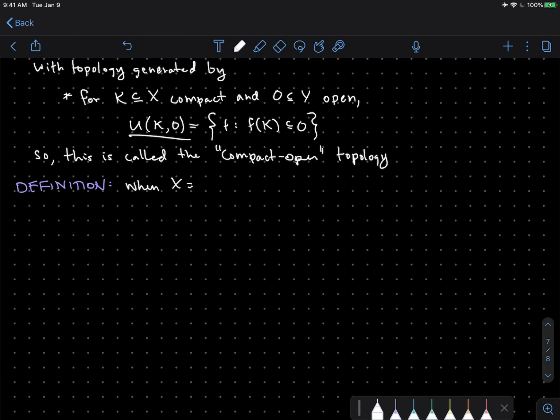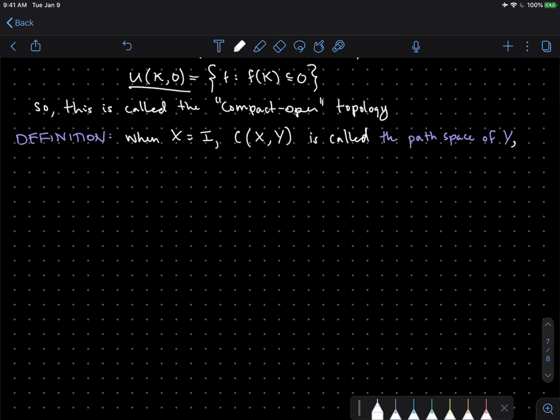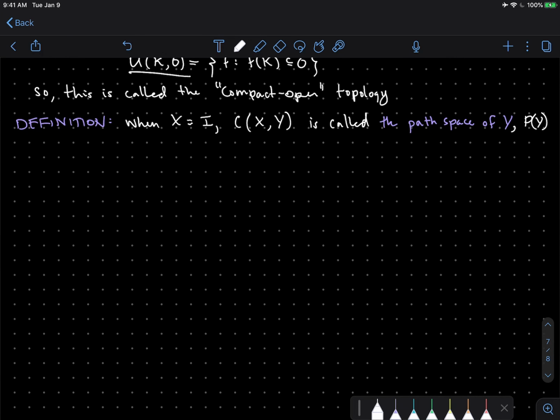When X is the interval, this space is called the path space of Y and is written P of Y. When X is the circle, C from X to Y is called the loop space of Y and is written omega of Y.